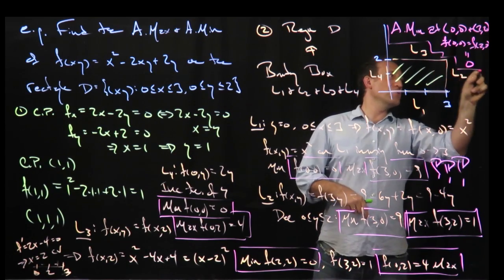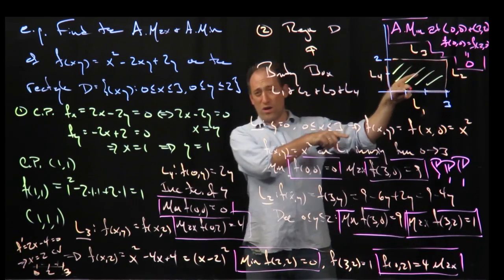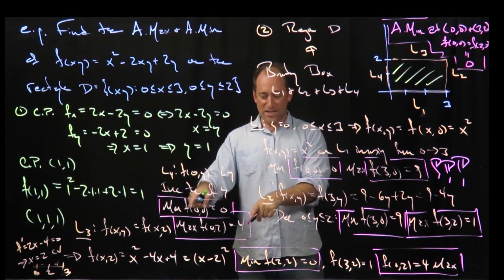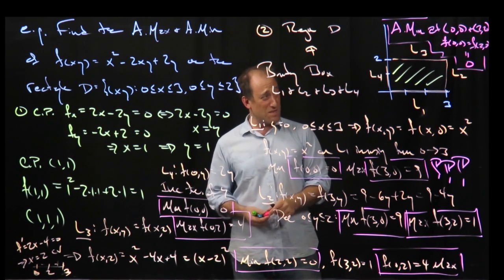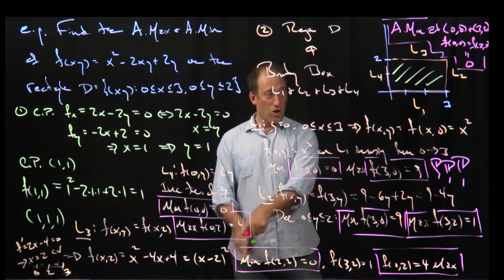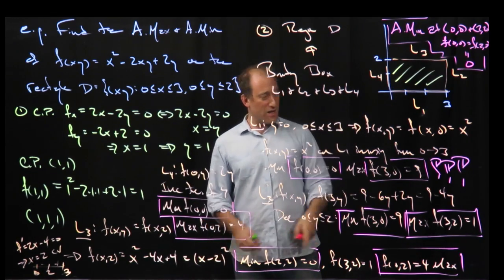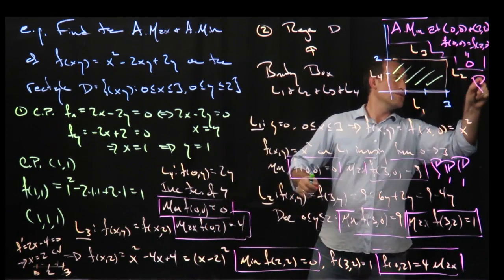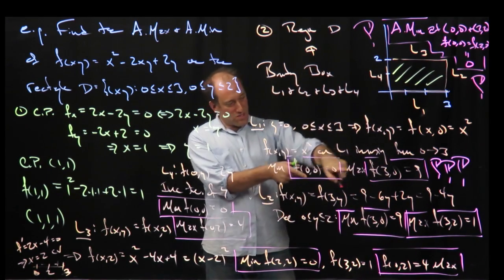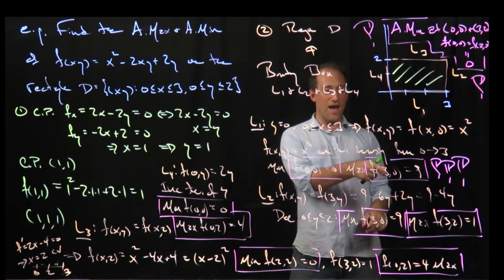It's important to keep track of all the places you get the min, because a very askable question is not just what's the min value, but where does it occur? It occurs in 2 places here, one of which is definitely not an endpoint. And the max right there at 9.